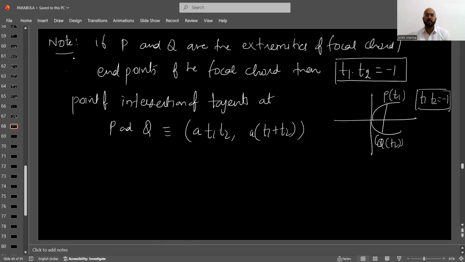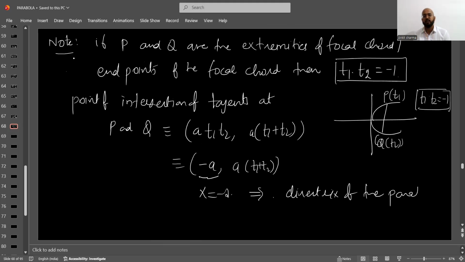Then t1 into t2 is -1, so I can plug in here: minus a, comma, a times t1 plus t2. Now one can see clearly that this is my x coordinate. So x is equal to -a, which turns out to be the directrix of the parabola.